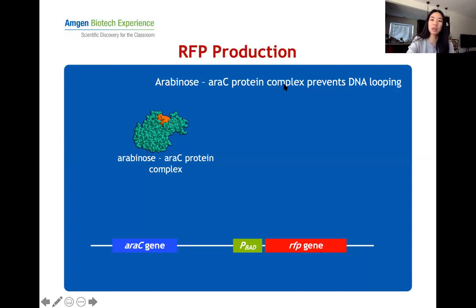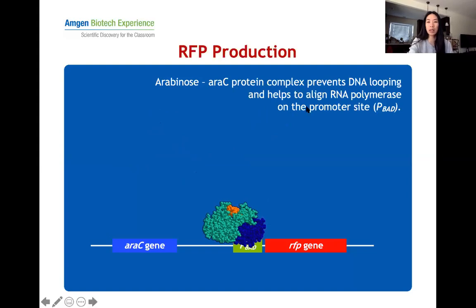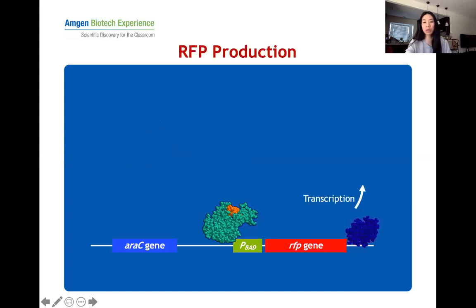This protein complex prevents DNA from looping, which allows RNA polymerase to bind to the complex and then helps it align to the promoter site, which is PBAD. Moving on, RNA polymerase then will transcribe the RFP gene to make the mRNA. mRNA codes for protein.